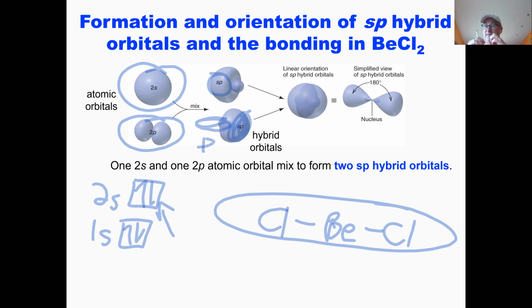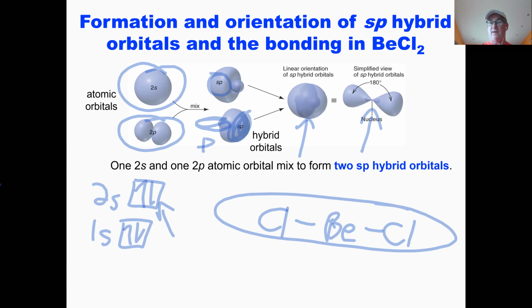They're mixed together. This is what two sp hybrid orbitals would look like. You have electron density on one side and electron density on the other side that are exactly 180 degrees different from each other.